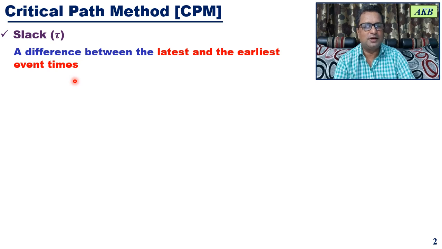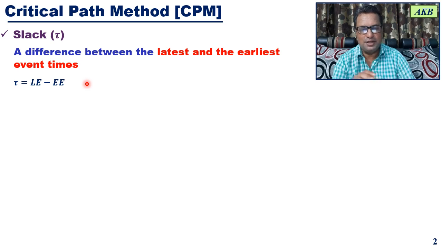Latest and earliest event times, I have already discussed in my previous videos. You please watch those videos. So simply the difference between the latest and earliest event times is nothing but slack, and we denote it by tau.